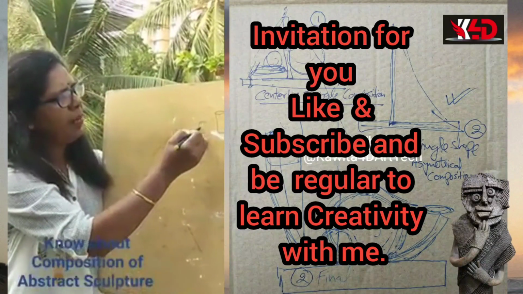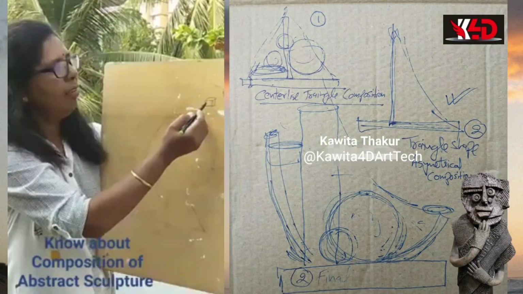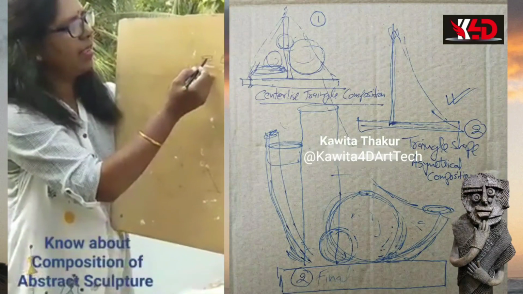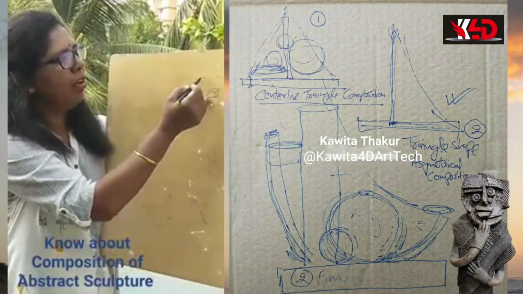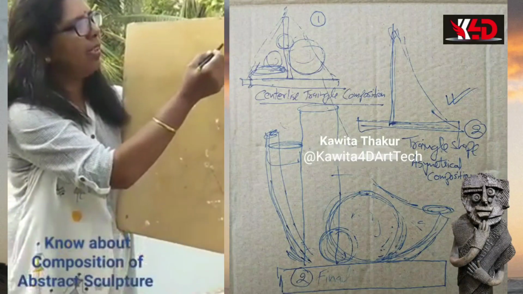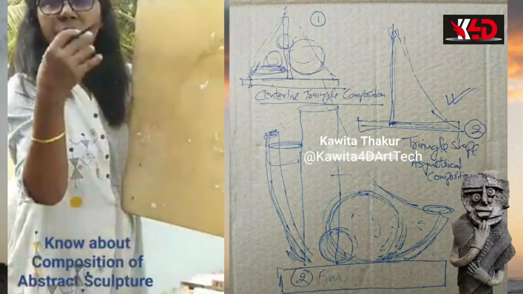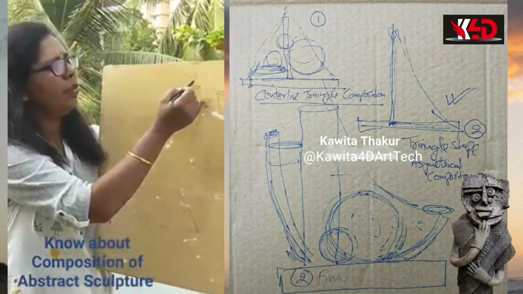Then make some small blocks, cylinders, blocks, like you all already made. You can make blocks of different sizes, long blocks or cylinders, or whatever shape you get. Make at least 7 to 8 pieces.